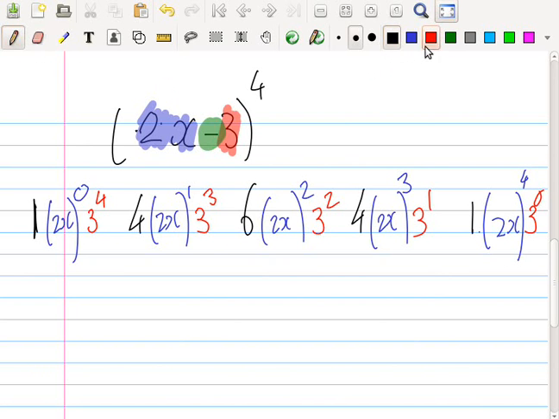Now, what happens with minus is this. Your first sign you write is minus, but then it switches to plus, minus, and plus. So the minus alternates the signs, they swap.